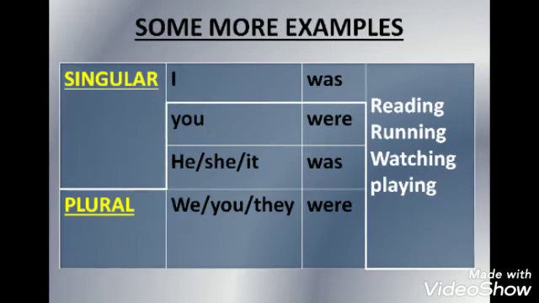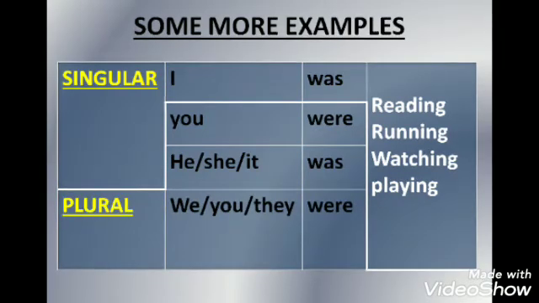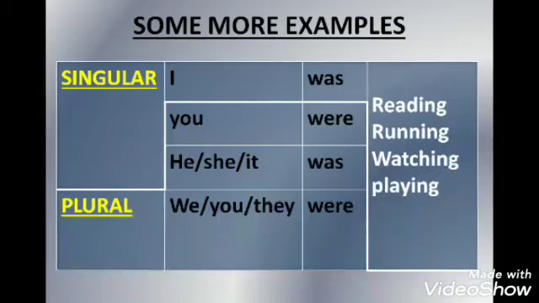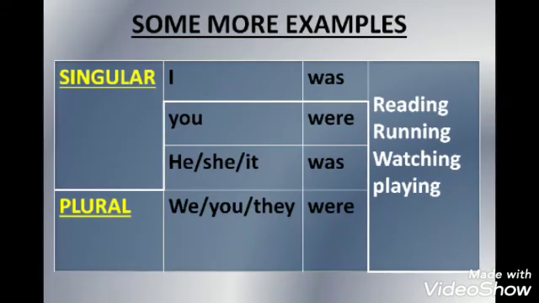Now let's have a look at the first sentence, that is I was reading. Maybe a book or a copy. This sentence means that I started and finished reading in the past, and that action of reading continued for a certain period of time.